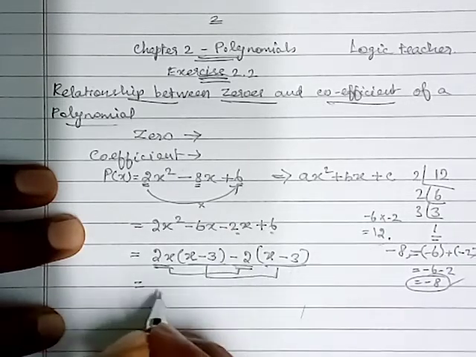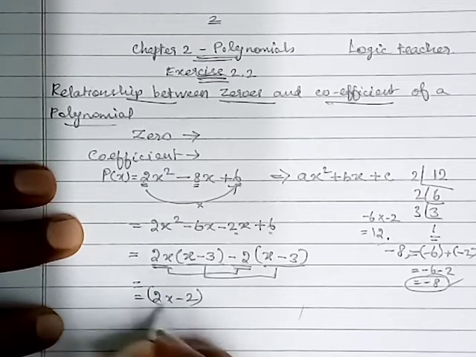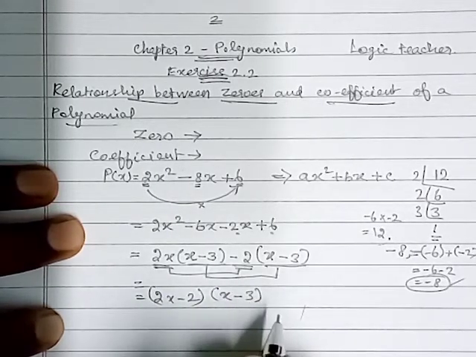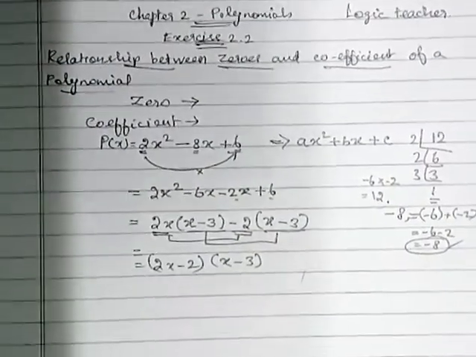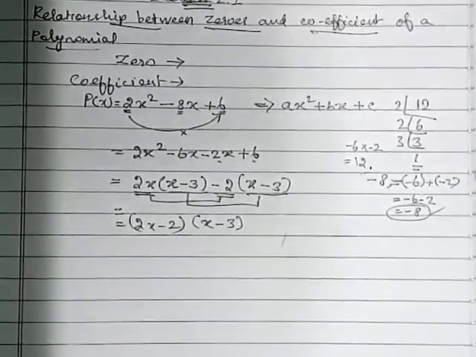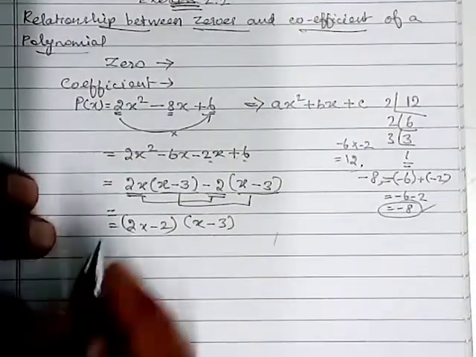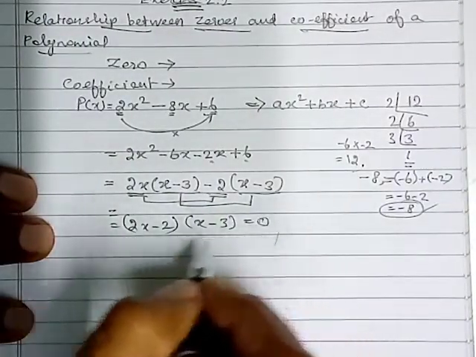So we get 2x minus 2 and x minus 3, which is equal to 0.